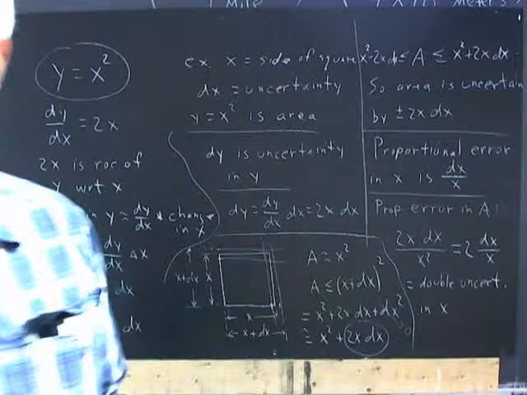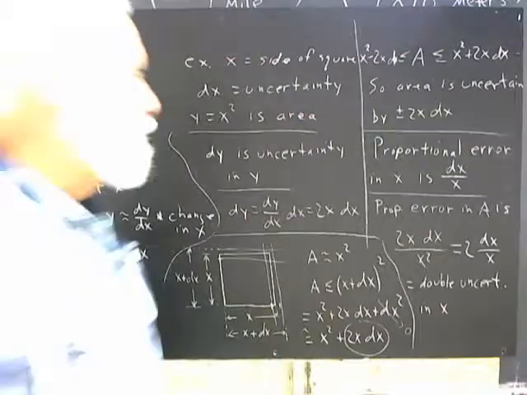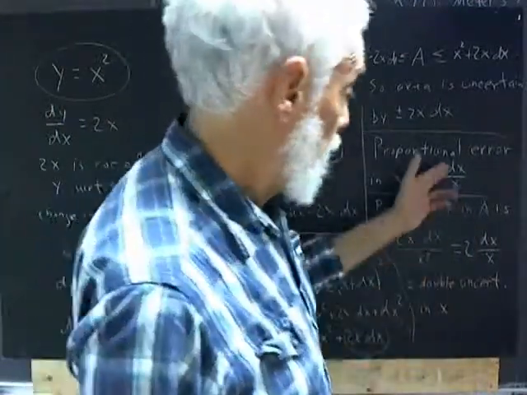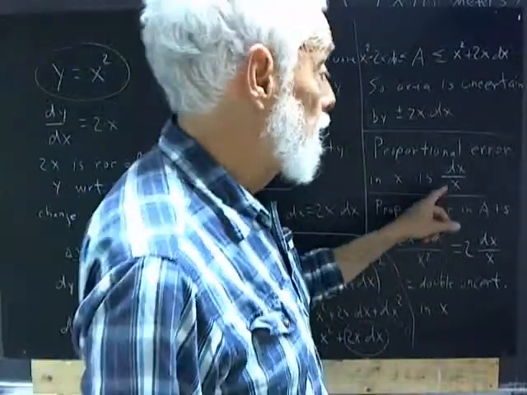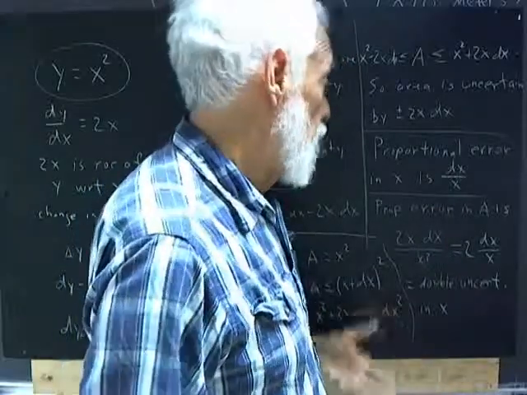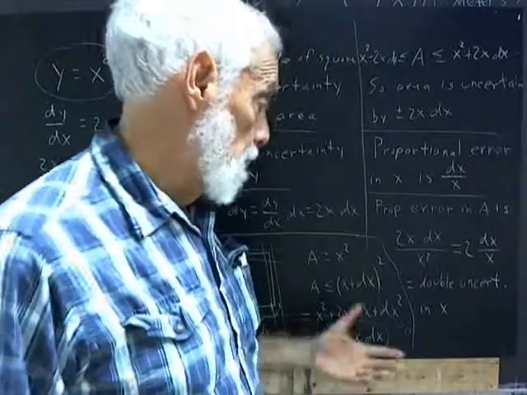Capital A is the actual area, which lies somewhere between here and here. Now we talk about the proportional error in x, and that's just the error, dx, as a proportion of x. You should understand that terminology, that this gives the dx as a proportion of x. If this is expressed as a percent, by multiplying this calculation by 100%, you have percent error.